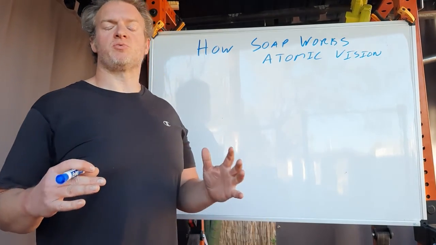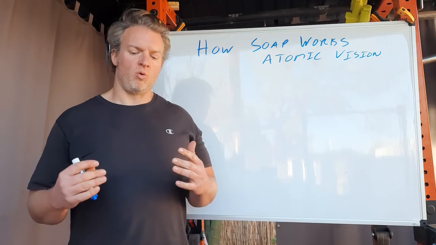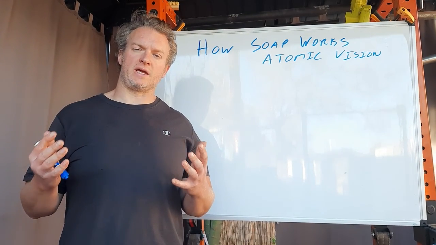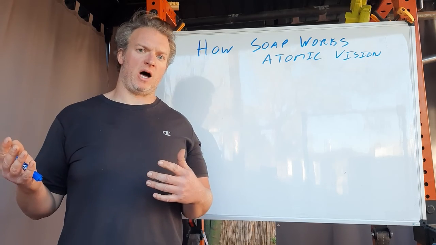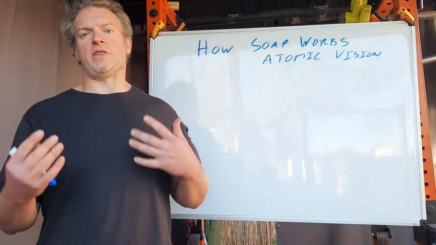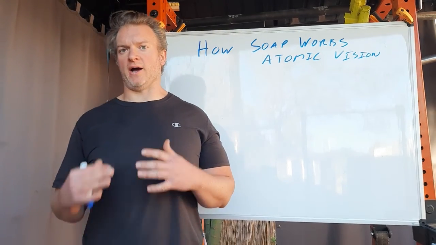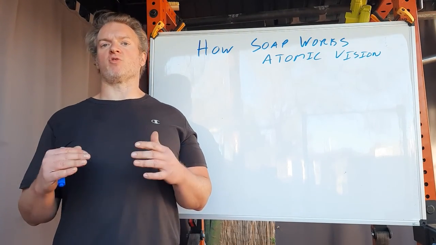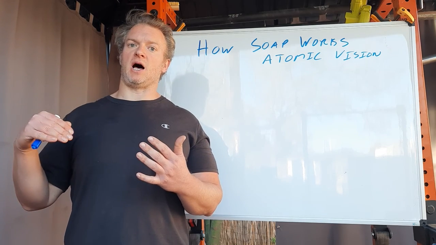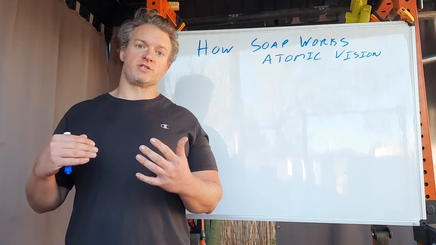So soap was probably discovered when people had clothing or animal hide, probably animal hide, that still contained the fat of the animal hide. And they were probably washing the animal hide in a river, and that river may be recently downstream from a mudslide or an ash slide.